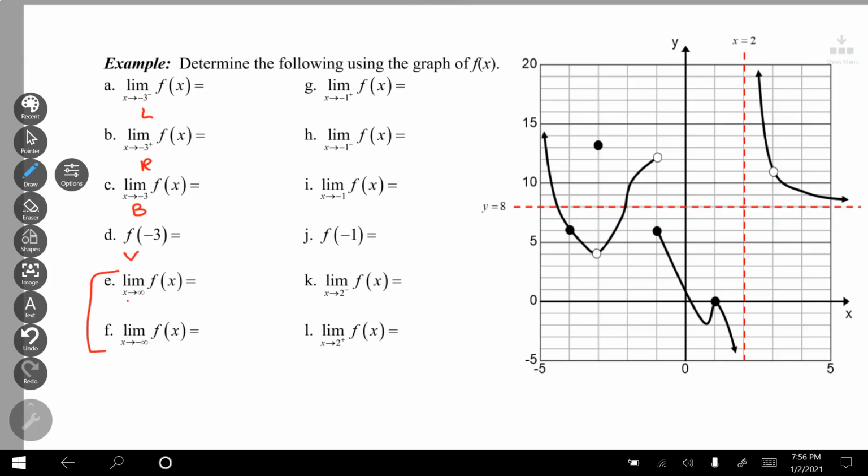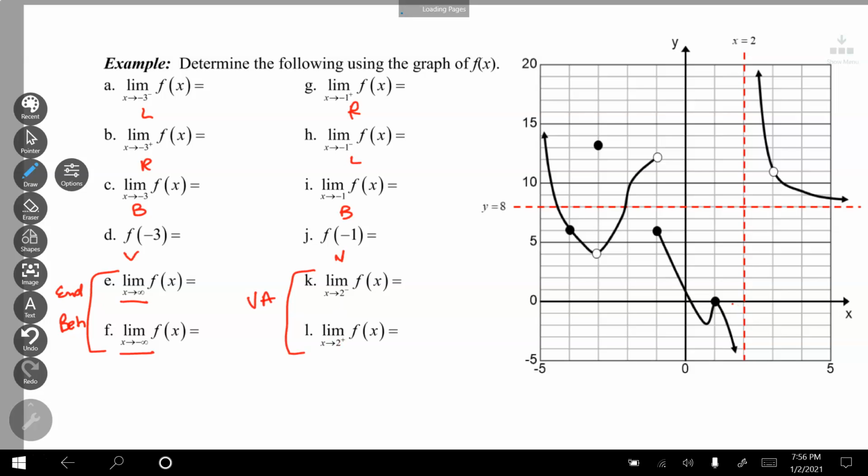These two together go to infinity and negative infinity. This is my end behavior. This is from my right side, this is from my left side, this is from both, this is my function value, and these two, at 2 from the left and 2 from the right, are where my vertical asymptote is.